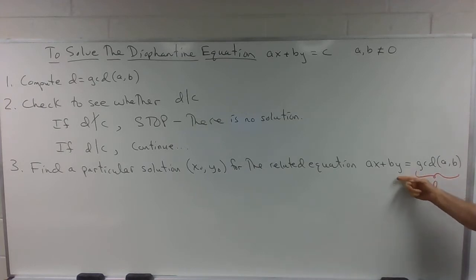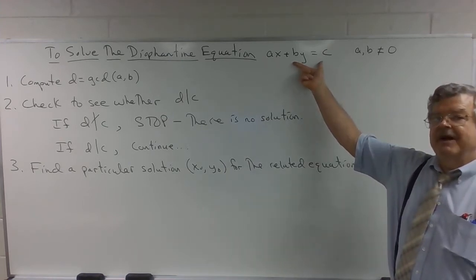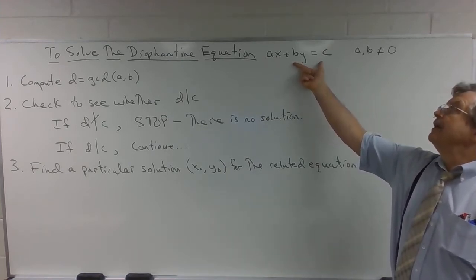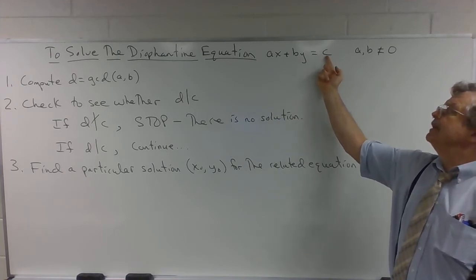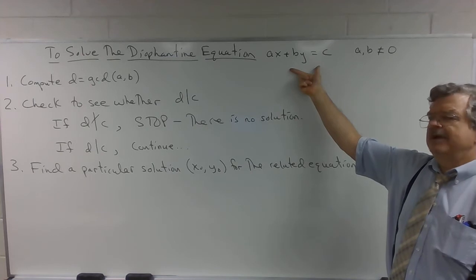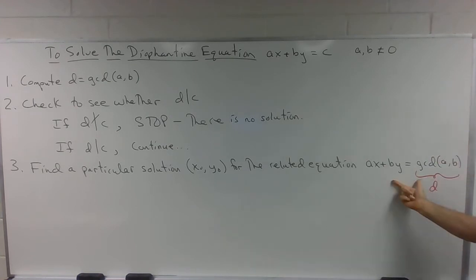Now, this is not the equation that we're trying to solve. This is the equation that we're trying to solve, where d, the greatest common divisor of a and b, divides c. But in order to solve this equation, we have to solve this equation along the way. We have to solve this equation first.